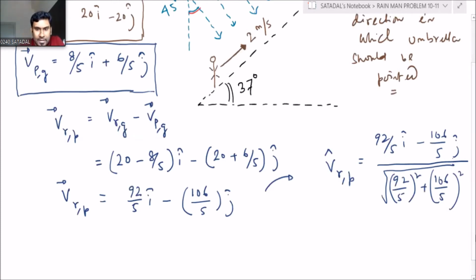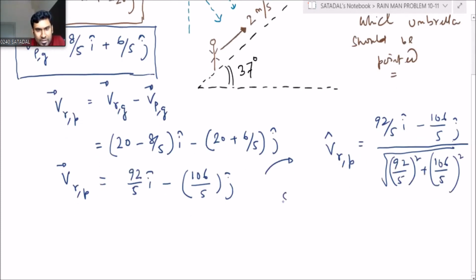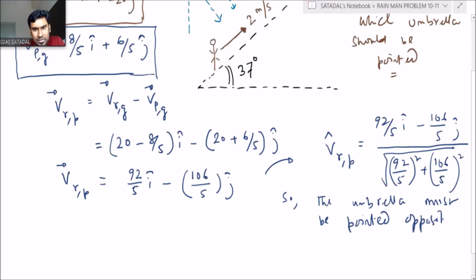Okay, fine. So the umbrella must be pointed opposite to VRP cap.